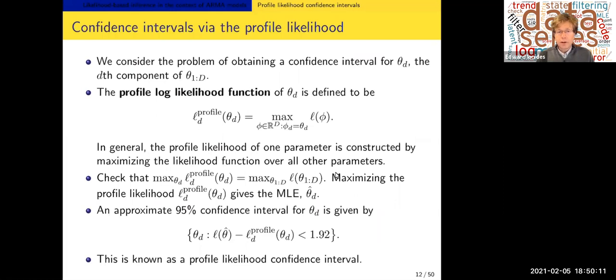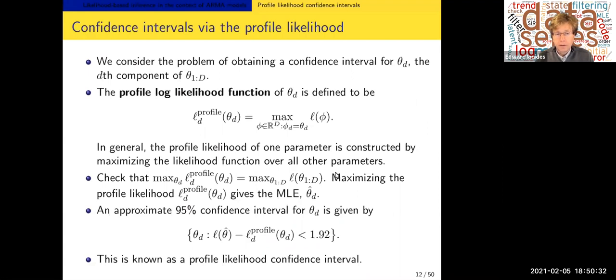Okay, so profile likelihood. So let's imagine that we want a confidence interval for one specific component of the parameter vector. Here's this thing called the profile log likelihood.